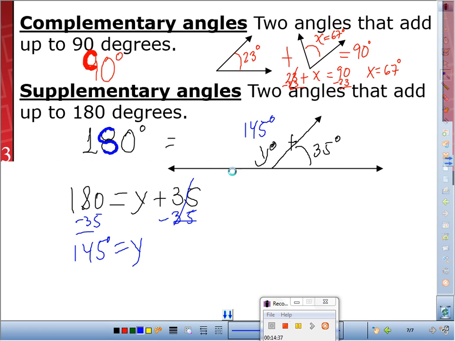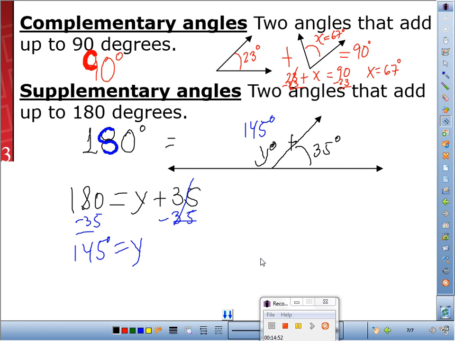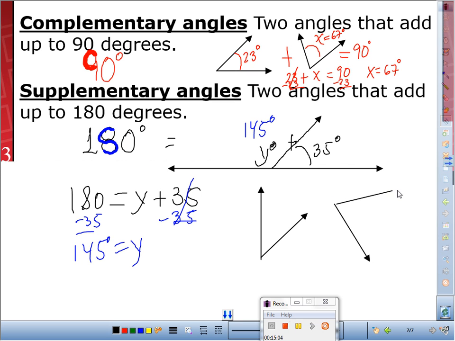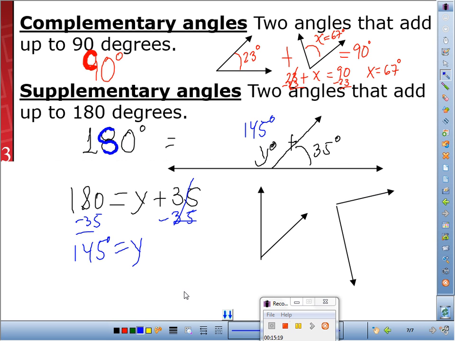So now, do they always have to be like this for supplementary? No. Let's draw two more angles, please. Here we go. I want you to draw this. All right, so let's label this one.